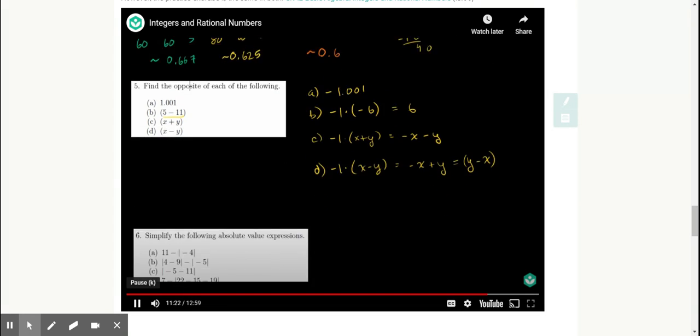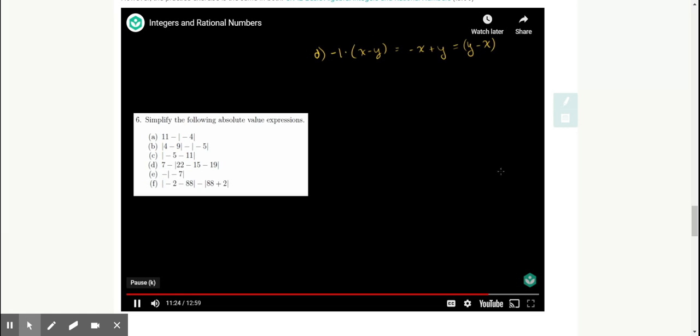All right, let's do a couple of these. Simplify the following absolute value expression. Absolute value is essentially telling you the distance from 0. So for example, if that's 0, if I have the number 4, how far is 4 from 0? The absolute value of 4, well, it's 4 from 0. So you just say it's 4.